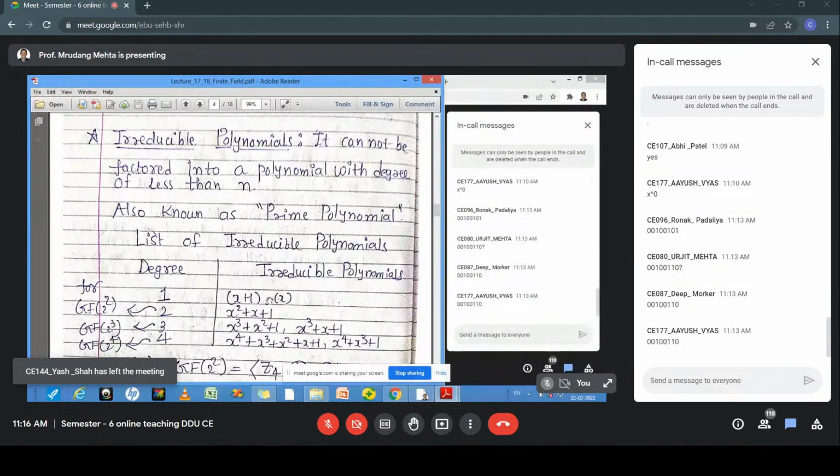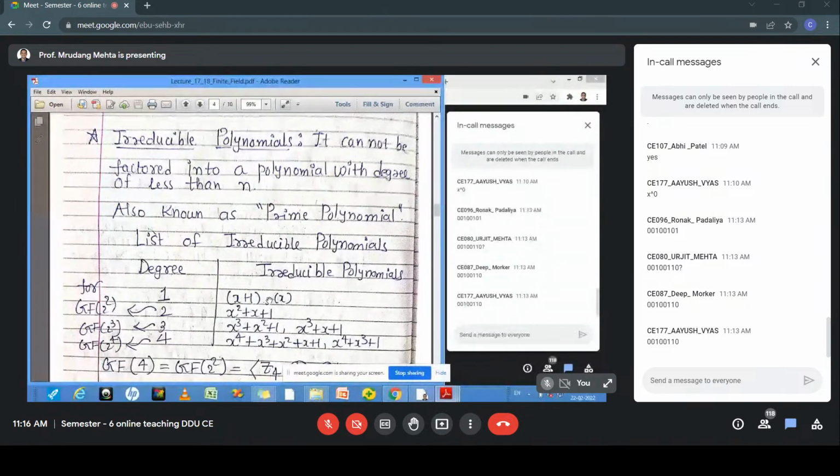If you have a polynomial which can be factored, it is reducible. But if you have a polynomial which cannot be factored, then it is irreducible. And it has the power of providing you security. It cannot be factored into polynomials with degree less than n, and so it is also known as a prime polynomial.